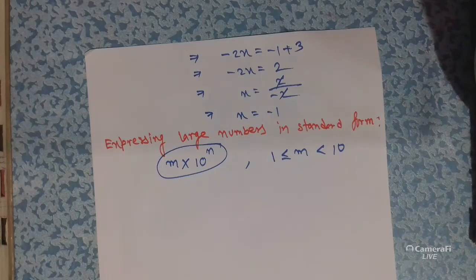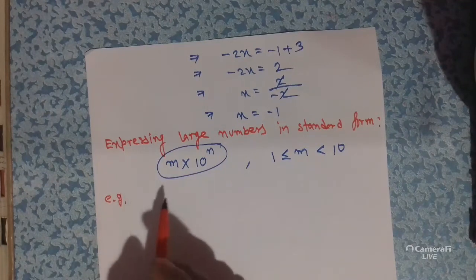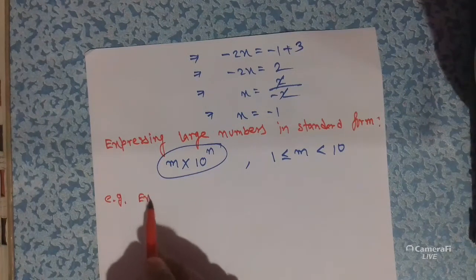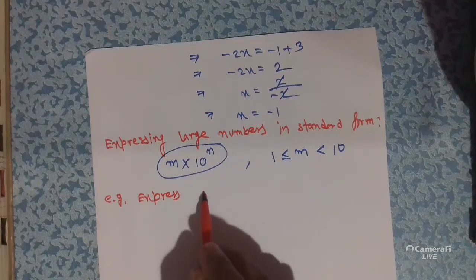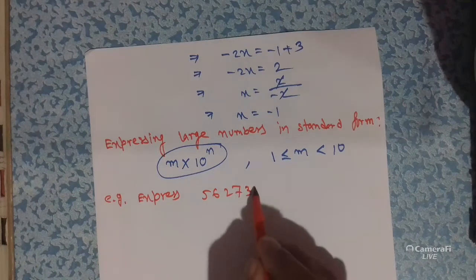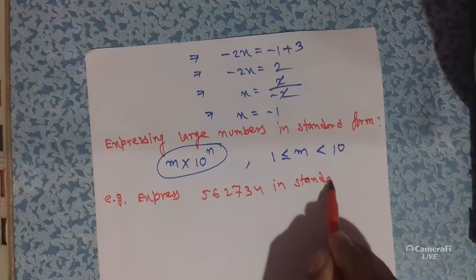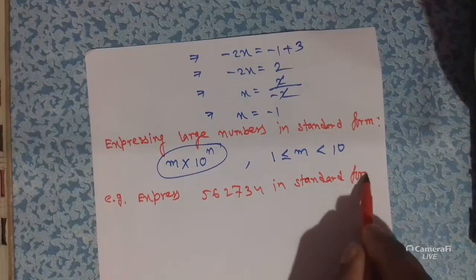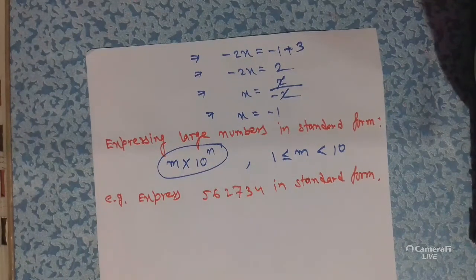Now I am going to show you an example. Express 5, 6, 2, 7, 3, 4 in standard form. So this number is in usual form, so we can write it in standard form.